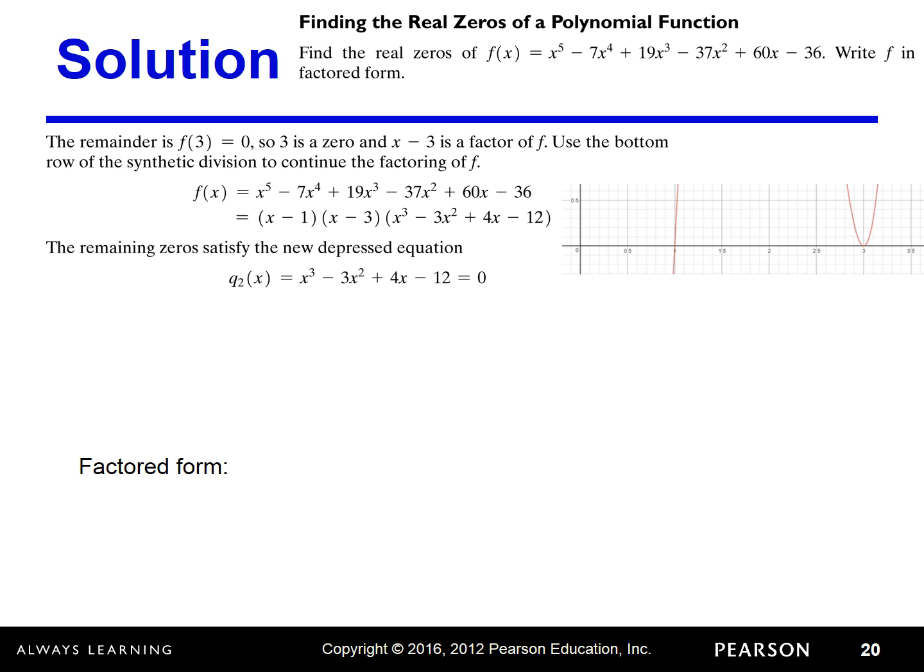Okay, so everything we've just done is confirming this picture that we got with a 0 at 1 and a double at 3. So the factored form is going to be f of x equals, well, if 1 is a 0, x minus 1 is a factor. If 3 is a 0, x minus 3 is a factor.